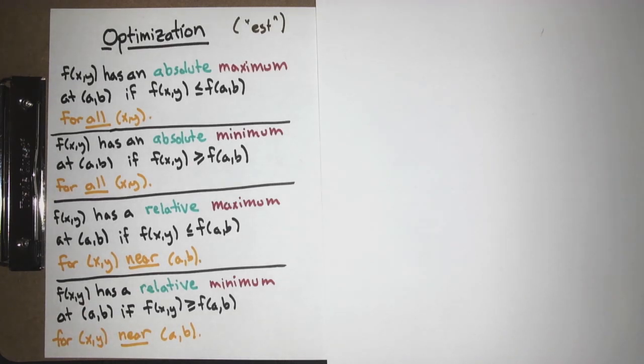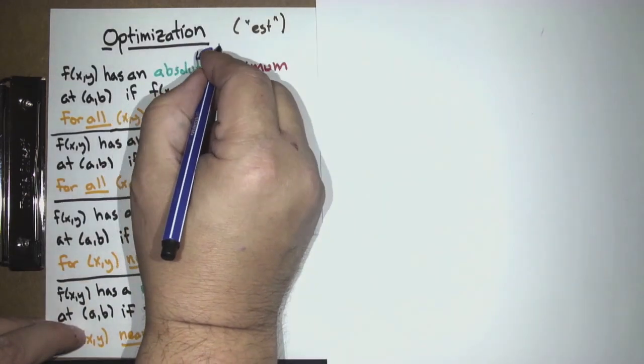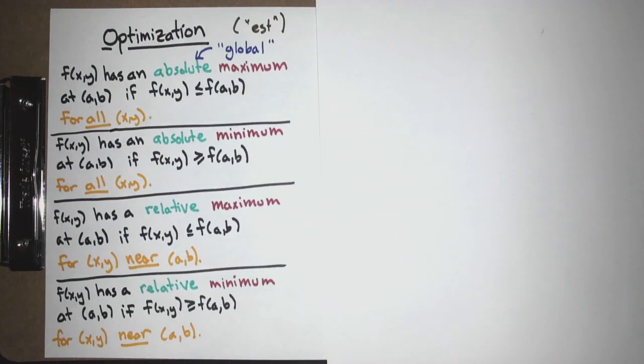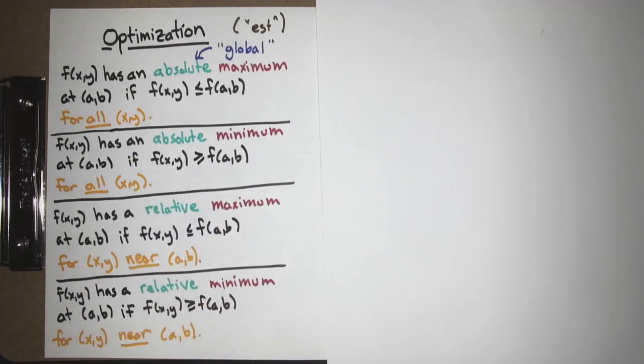By the way, absolute is sometimes called global, so you might hear it called a global max. The other side is an absolute minimum: I am the smallest value that the function achieves. No other point is smaller than me, so every other point is greater than or equal to the value of the function.